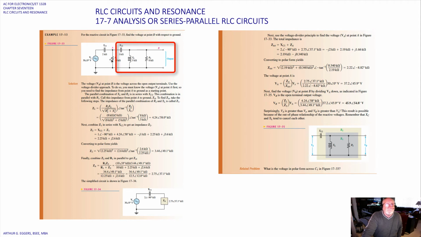So again, we're looking back across point A, in parallel with R1. Call this impedance from point A to ground Z sub A. To find Z sub A, take the following steps. The impedance of the parallel combination of R2 and X sub L, we call that Z sub 1.